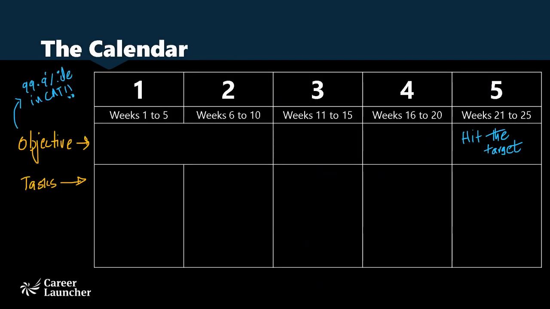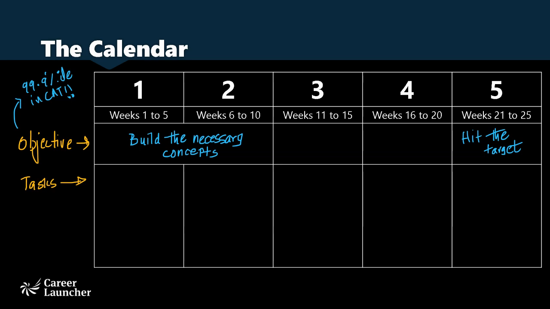So if I look at my calendar, I have to build certain concepts, right? I have to build a certain foundation. So a good way to look at this is that in the first 2 weeks, can I build my necessary concepts? Can I do all the quantitative ability chapters and understand every single concept? Can I understand how to solve a data interpretation question, how to solve a logical reasoning question?